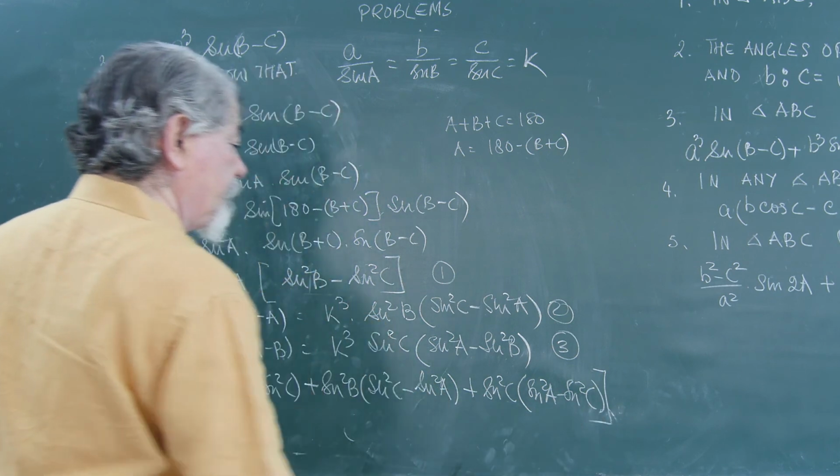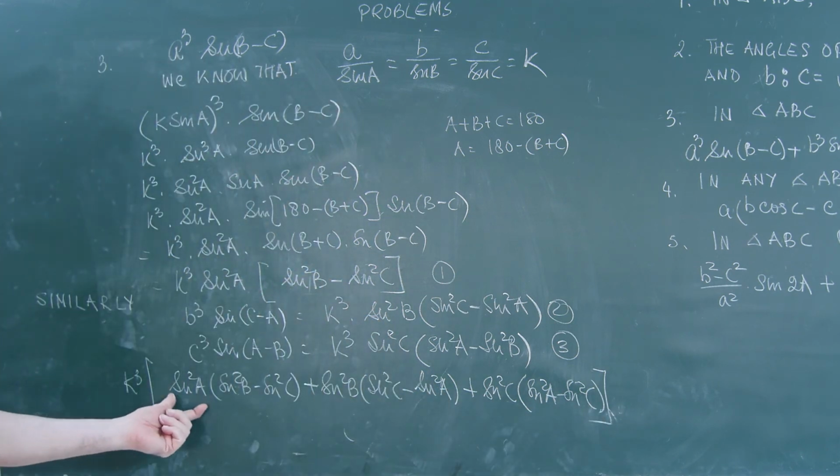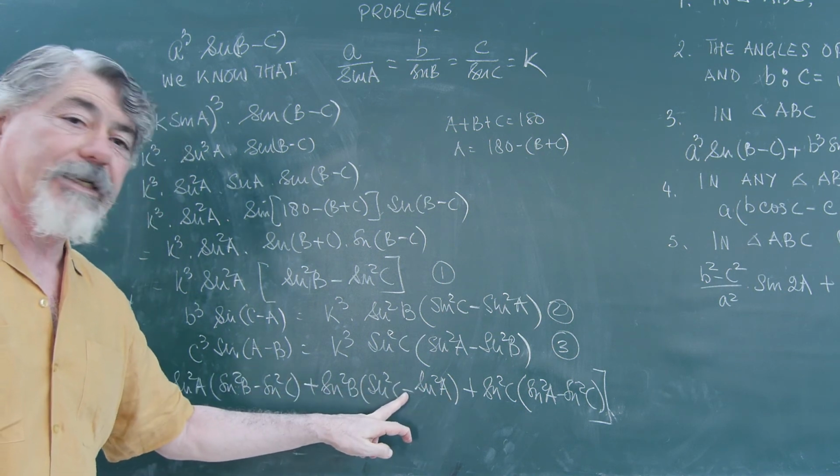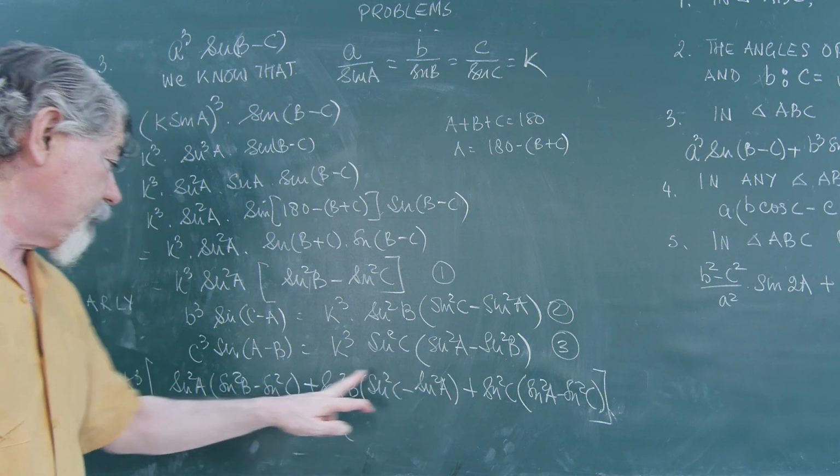If you will observe them, if you will multiply, sine square A, sine square B will come here. Here sine square B, sine square A with a negative sign will come. So they will cancel.